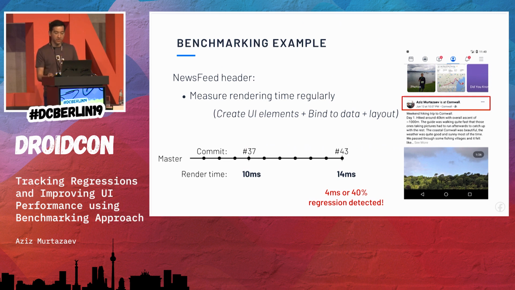Because this is such a frequent component, even though 4 milliseconds might not seem like a very big deal, if you are rendering that component many, many times, and it's part of each individual newsfeed story, it will affect the total UI performance significantly.